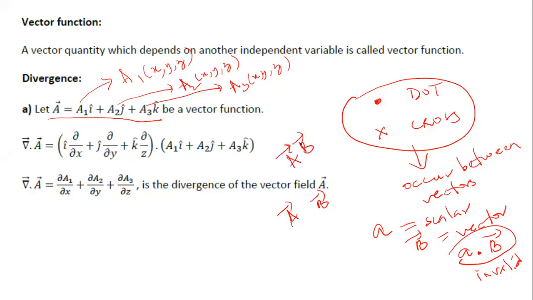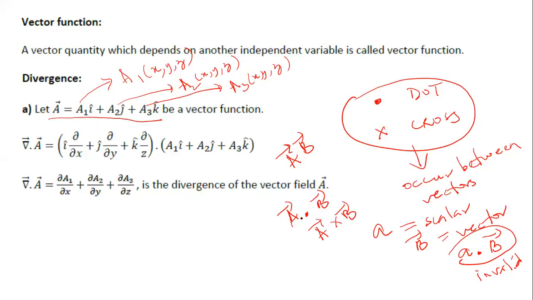The normal multiplication you cannot write between two vectors. So when one vector is multiplied with another vector, the multiplication has to be either a dot product or a cross product, always. So never forget to put a dot or cross product wherever it is relevant.